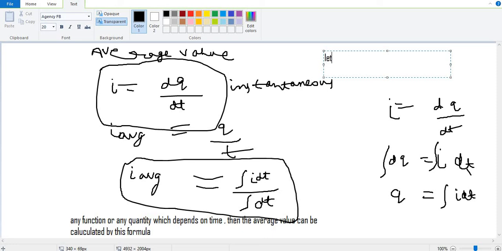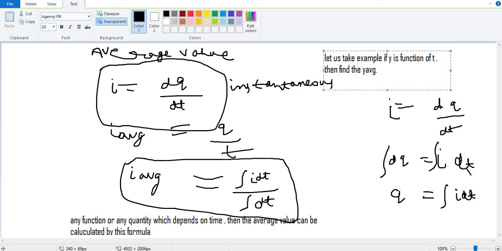So let us take one more example. If y is a function of t, and I am asking you to find the y average, what will be the y average?